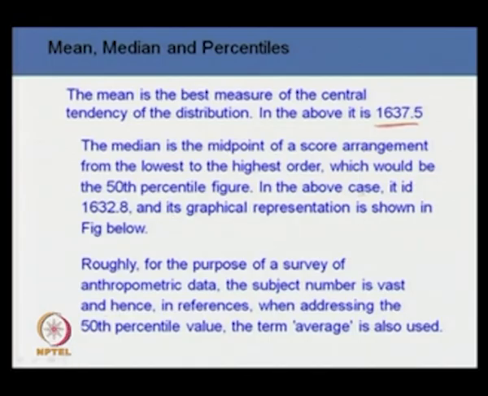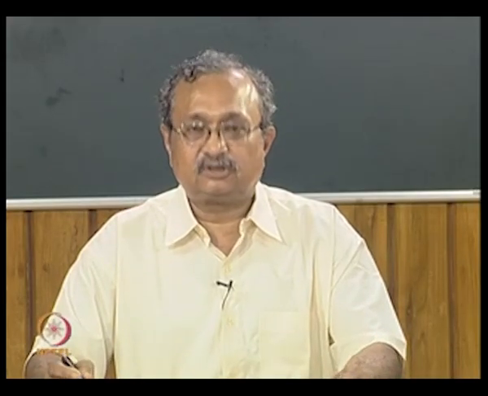Roughly, for the purpose of a survey of anthropometric data, the subject number is vast and hence when addressing the 50th percentile value, the term average is also used, because normally for an anthropometric survey a vast population size is considered.